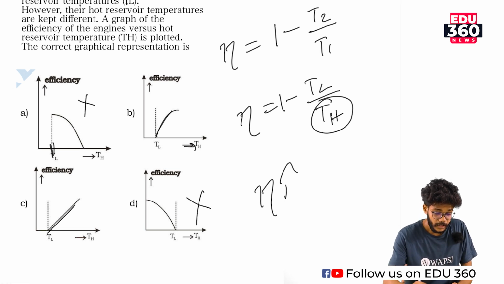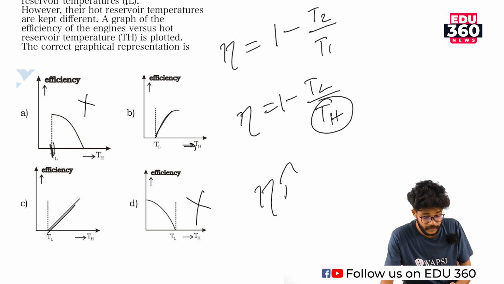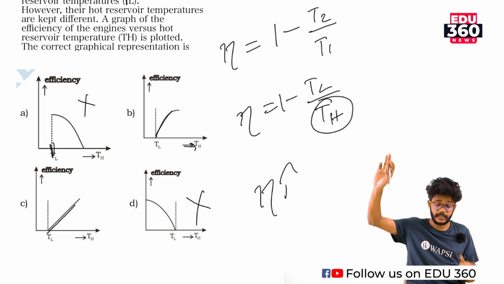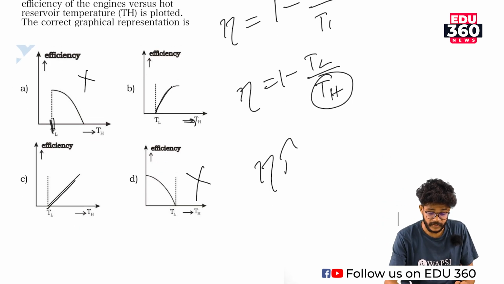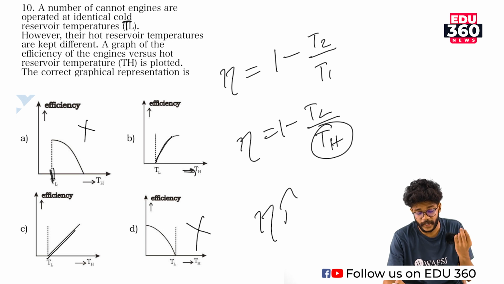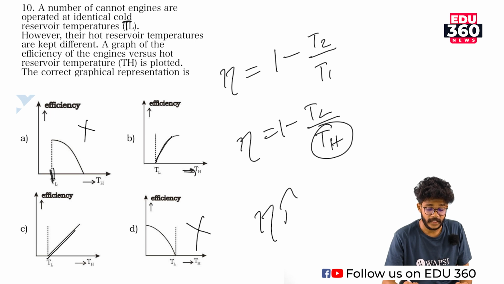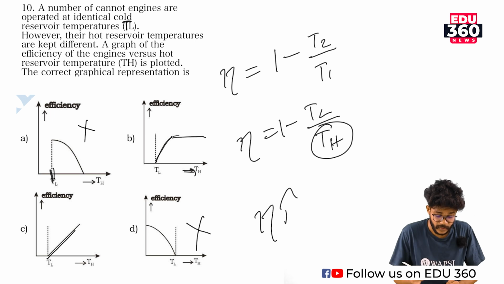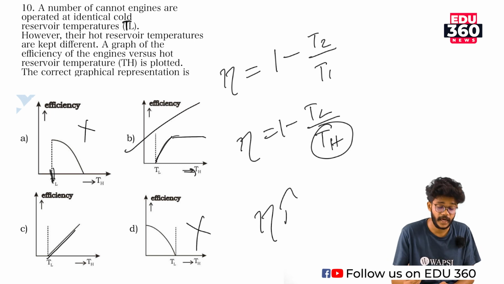Option B and option C look like correct options, but in C, when TH increases, the efficiency is linearly increasing continuously, and that is incorrect. When TH goes to an infinite value, TL by TH is equal to 0 and the efficiency becomes 1. The efficiency can't be greater than 1, so up to a limit. So option B is the correct answer.